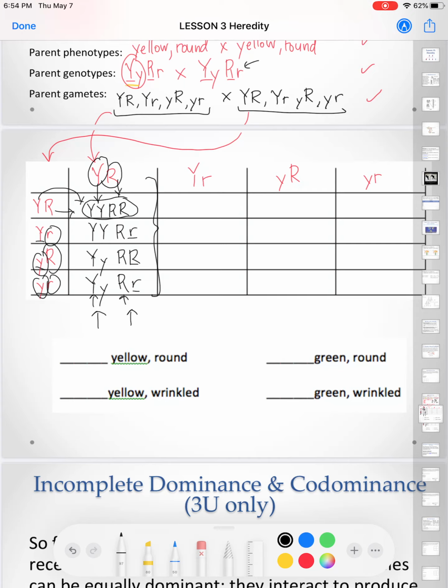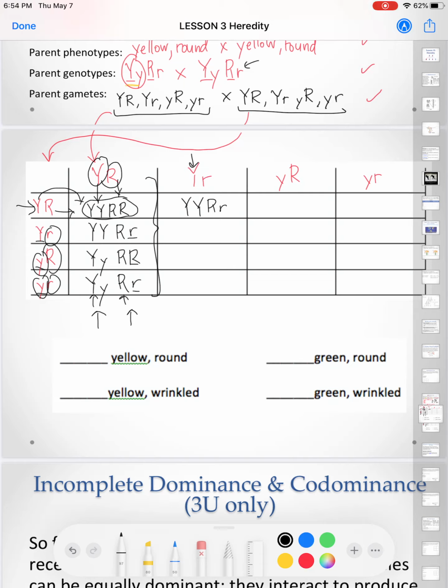Okay, so if we go ahead and do the second column, you can follow along here again. It's going to be a mixture of this Y and this Y, and it's going to get one of each R. So we're going to put the dominant one first.